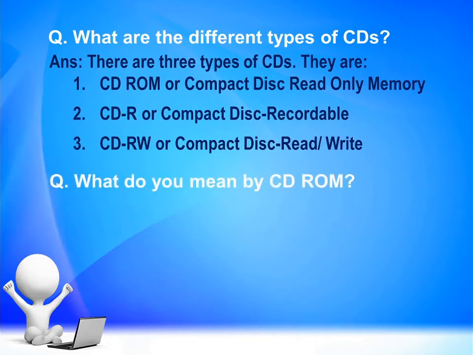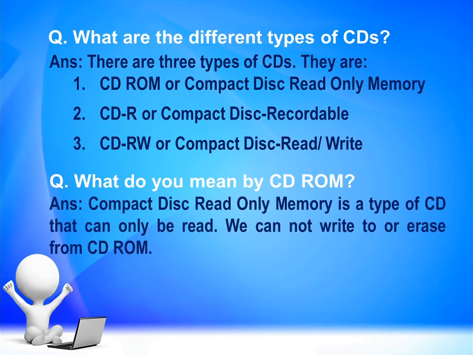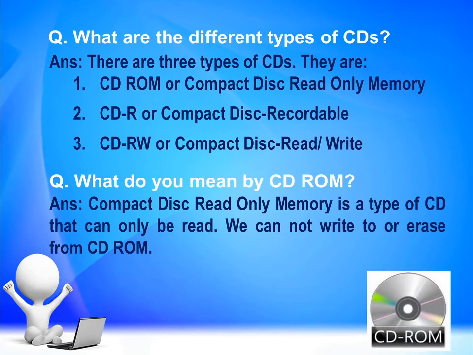Next, what do you mean by CD-ROM? The answer is compact disc read-only memory is a type of CD that can only be read. We cannot write to or erase from CD-ROM. Here is an image of CD-ROM.